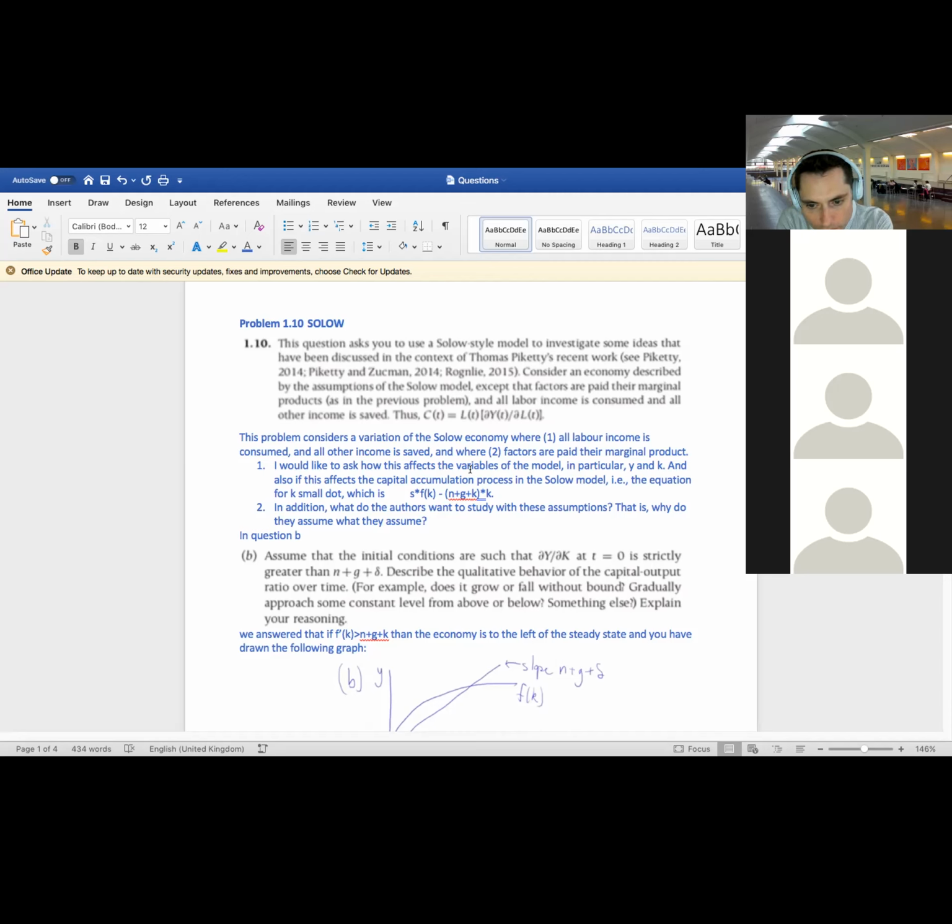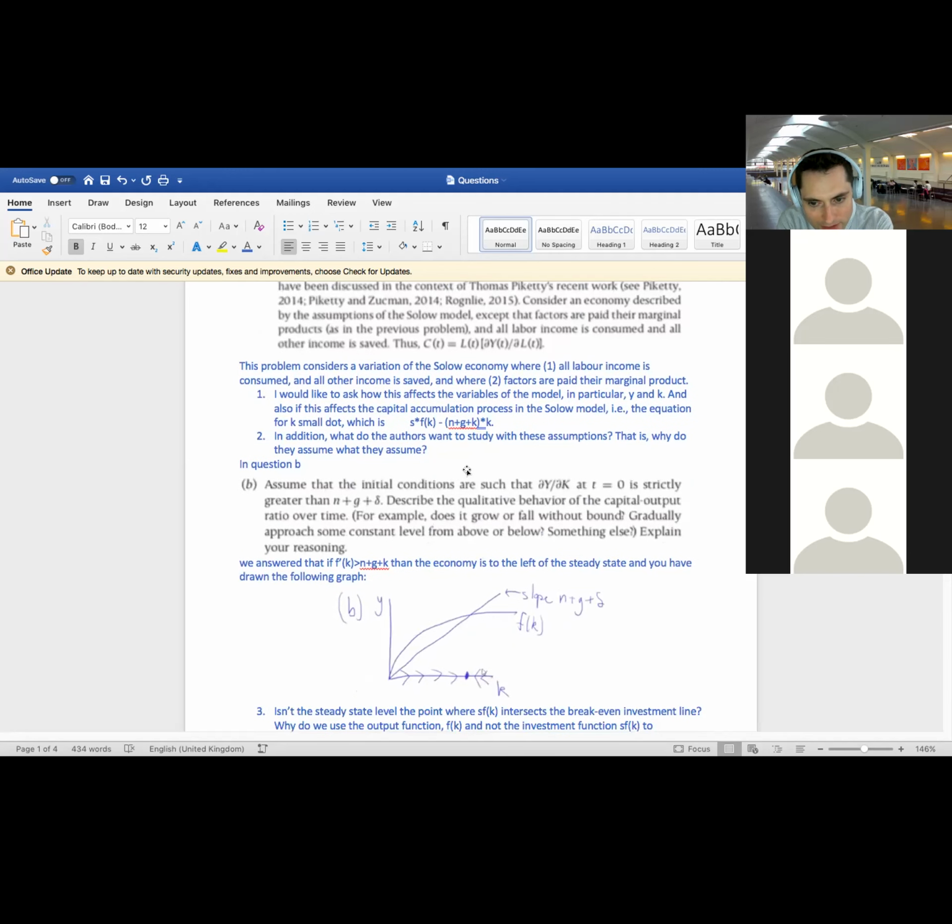Okay, so the point here is that when f prime of little k is greater, that means that little k is smaller, right? Because the slope of the production function is falling in little k. So when the slope of the production function is too high, if you like, then that means that little k is too far to the left.